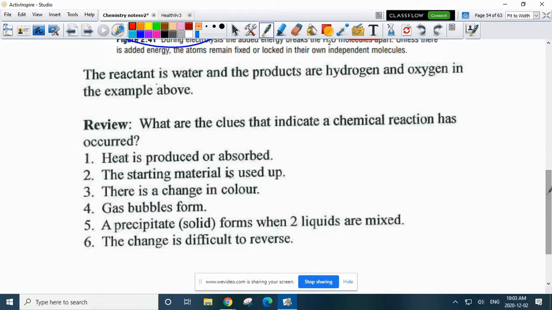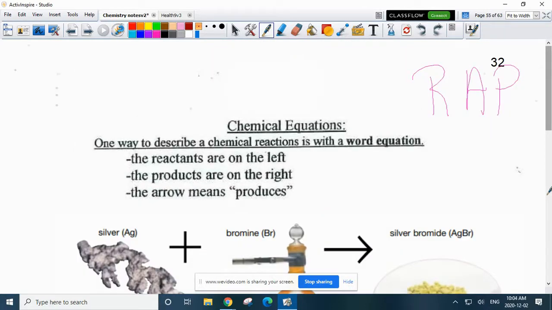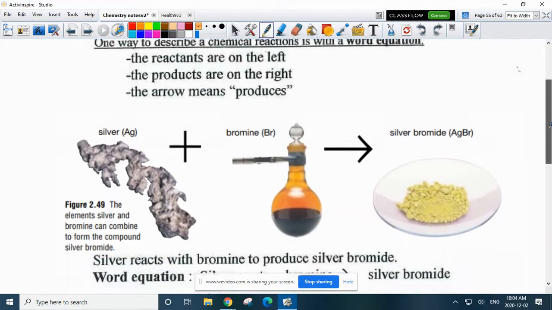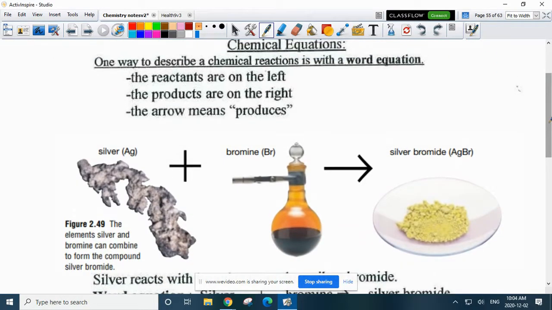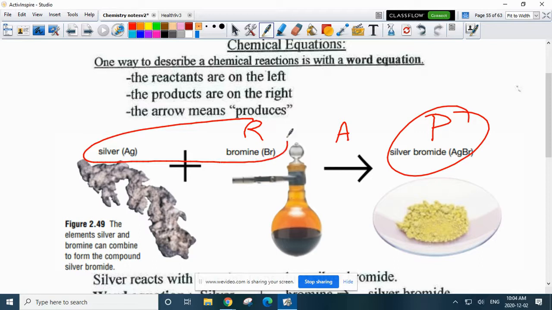And we've done that over and over again. And here's some more RAP, reactants, arrow, products, in our notes. Okay, so here you can see those are my reactants, there's my arrow, there's my product. My product is silver bromide. My reactants are, in this case, silver and bromine.